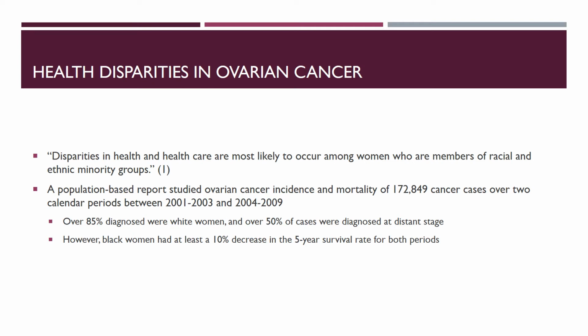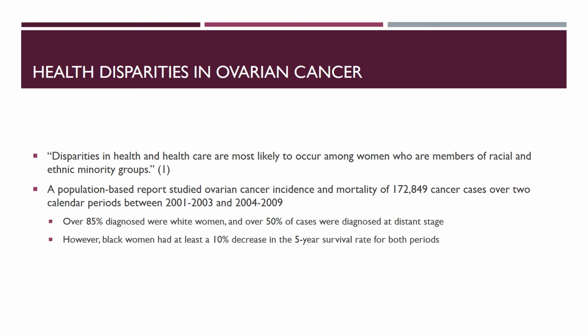85% of the women diagnosed were white, which I noted earlier, as ovarian cancer has higher incidence in white women, and over 50% of the cases were diagnosed at a distant stage. That shows how difficult it is to detect at an early stage, and unfortunately a pretty high percentage of ovarian cancers are diagnosed when it may be too late for treatment.